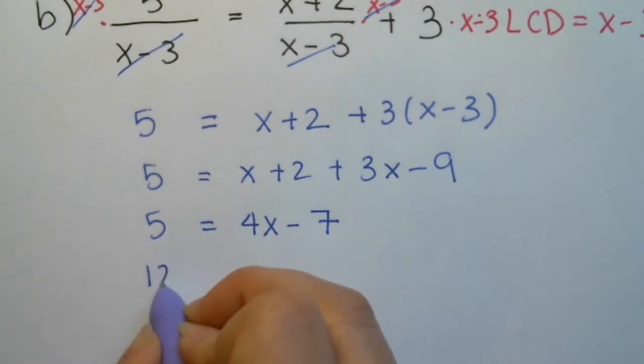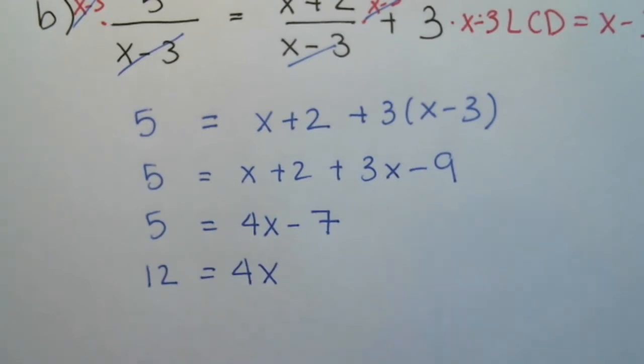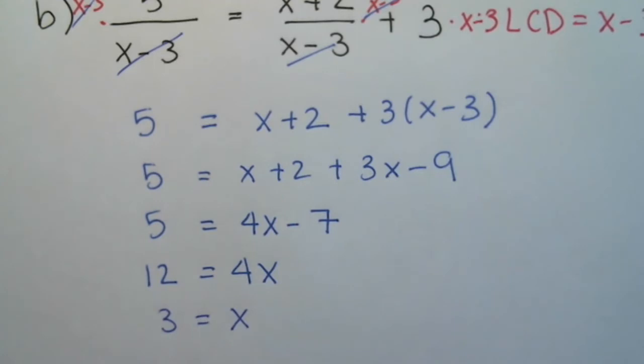I'm going to add 7 to both sides, and I'm going to divide both sides by 4. Now I'm going to check my solutions to make sure they're not extraneous.